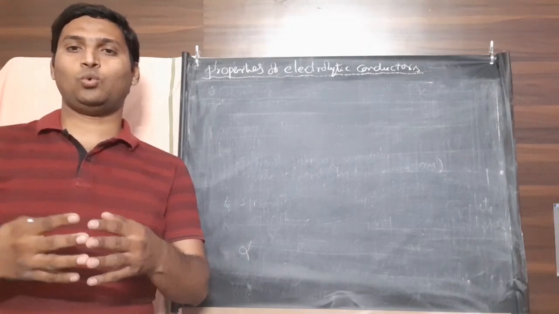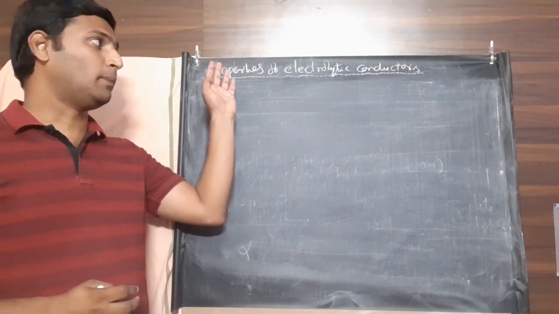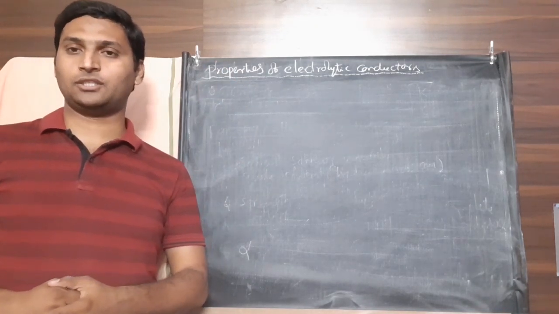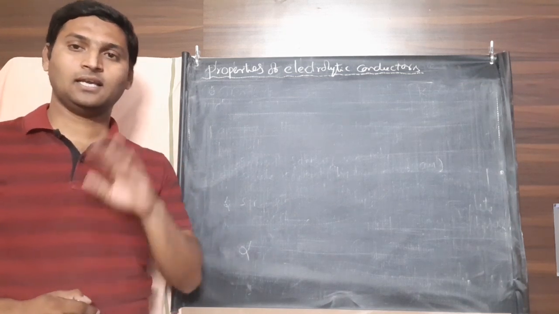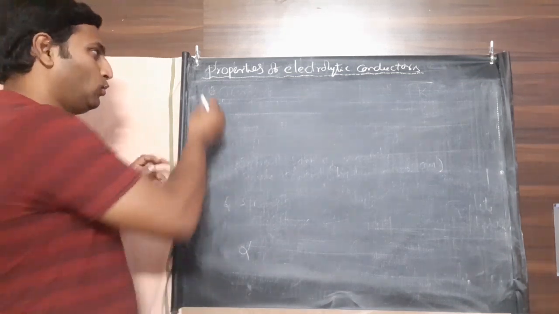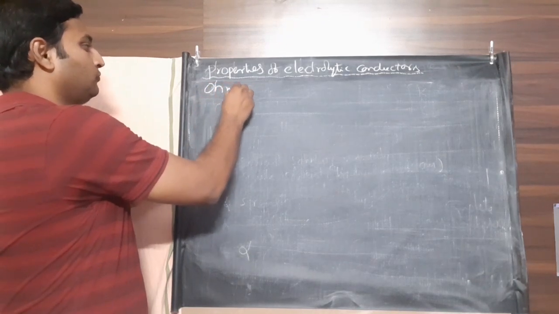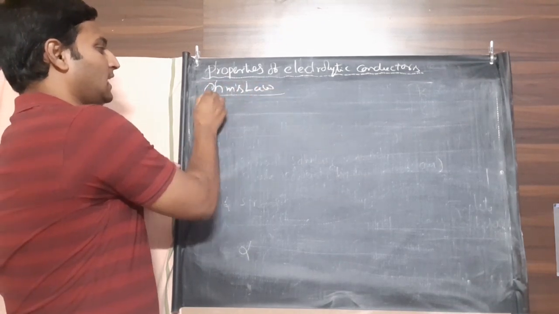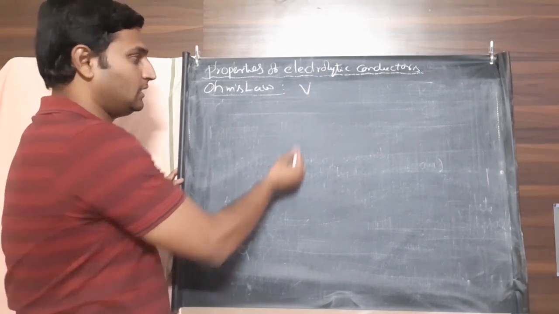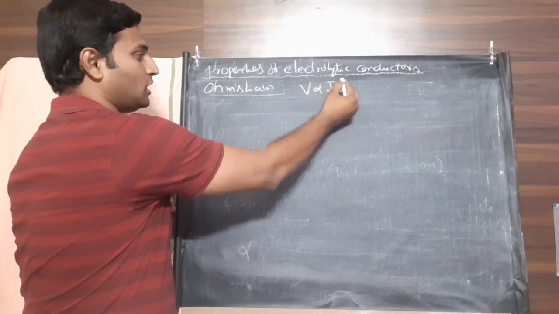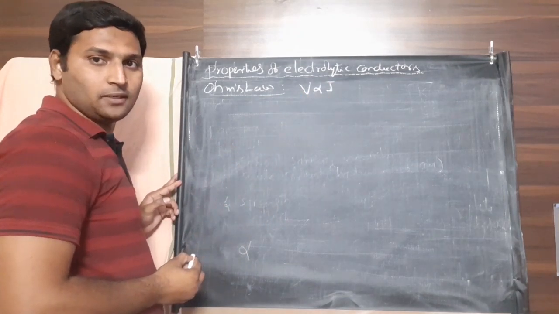Let us now move on to the properties of electrolytic conductors. See, like for electronic conductors, for electrolytic conductors also Ohm's law holds good. And what does Ohm's law say? The potential difference across a conductor is directly proportional to the current passed through it.